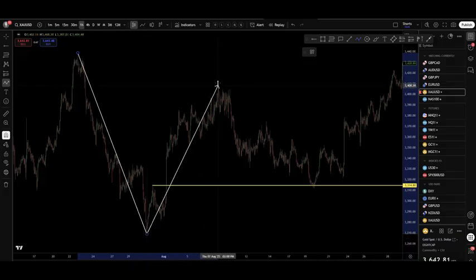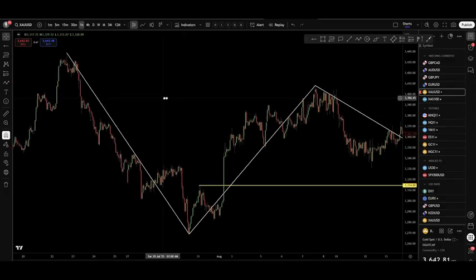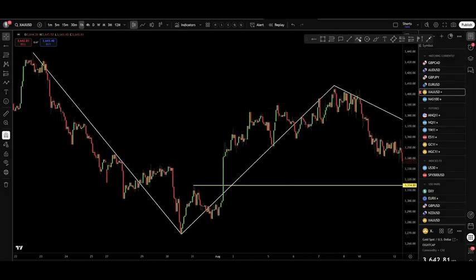And then we went up here. And then now we're here. And then we went up some more. But now when we zoom into this area, now we start to analyze this. I'm not going to start all the way from the top, but we were downtrending.